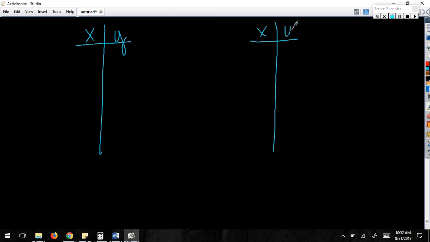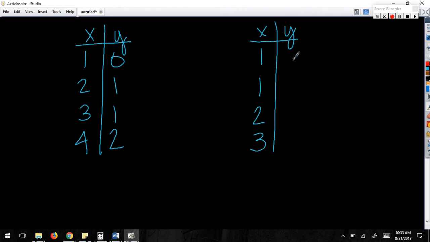I'm going to give you 2 tables here. This is an example, right? All right. One of these is going to be a function and one of them is not going to be a function. All right.